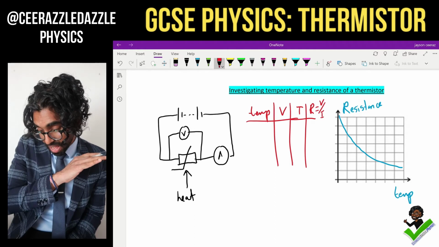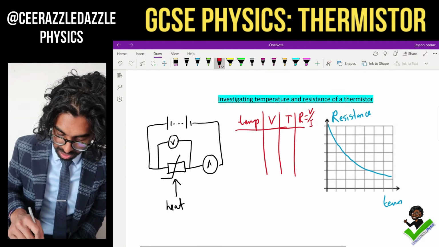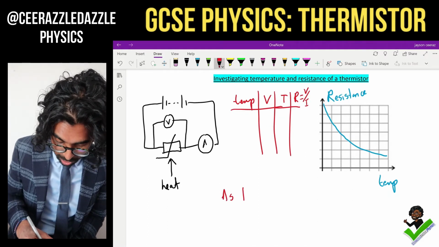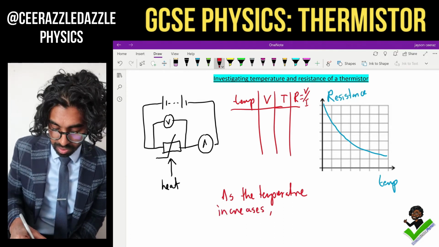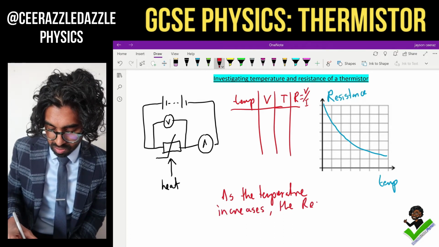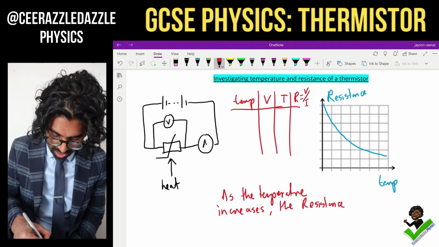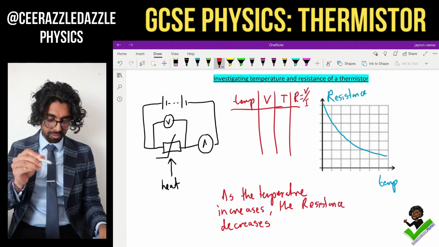As you increase the temperature, the resistance drops down. So to summarize, as the temperature increases, the resistance decreases. Simple stuff.